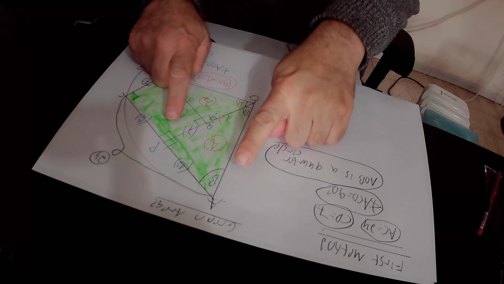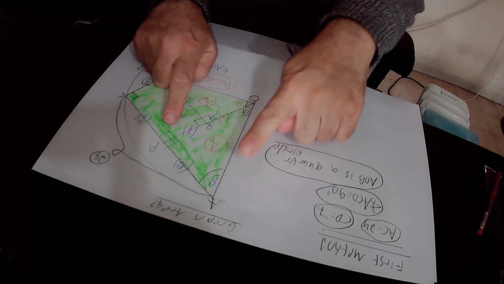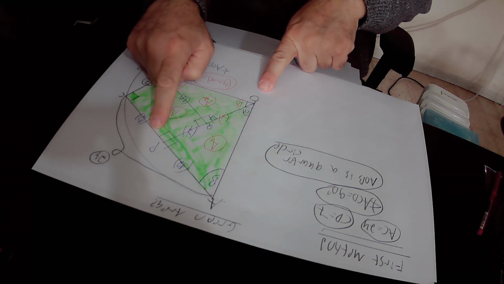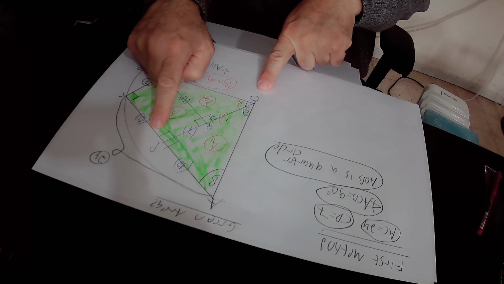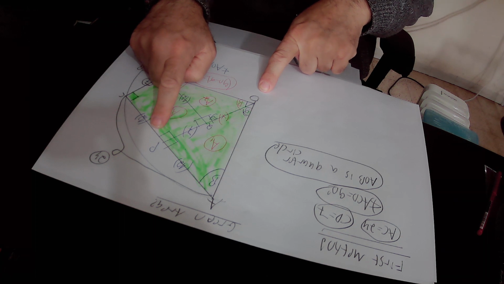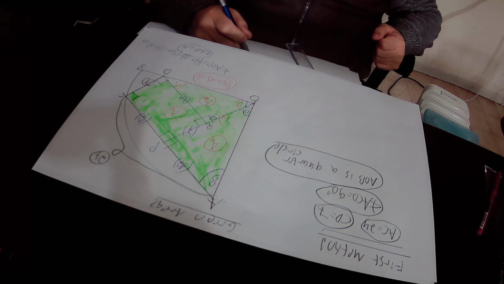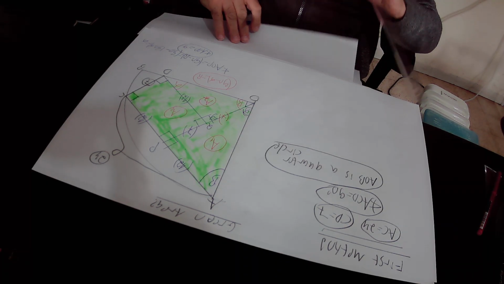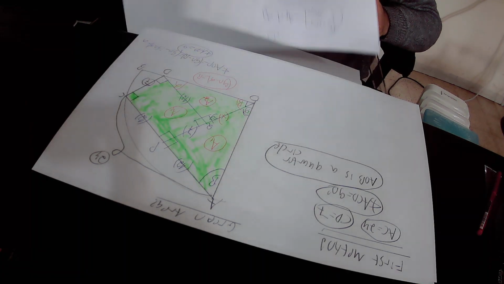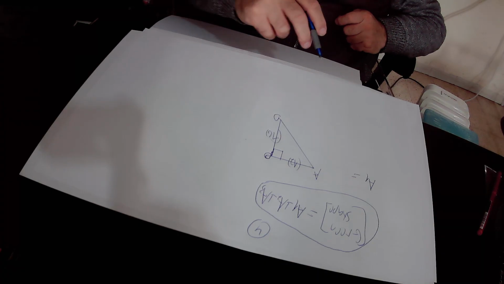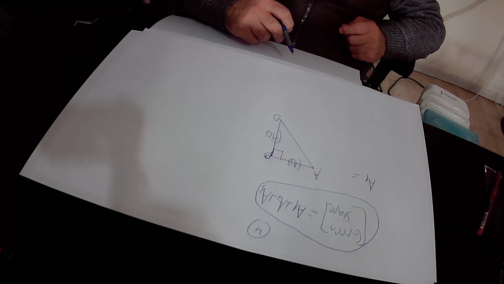Side AP of this right triangle APO equals 12 units in length. Side PO equals 7 plus x. But x is 9, so it is 7 plus 9, that is 16. PO equals 16 units in length. So this is the right triangle APO that I copied from the original drawing.